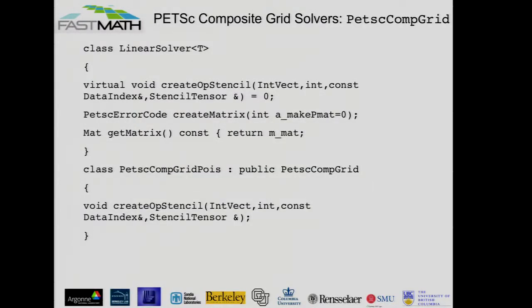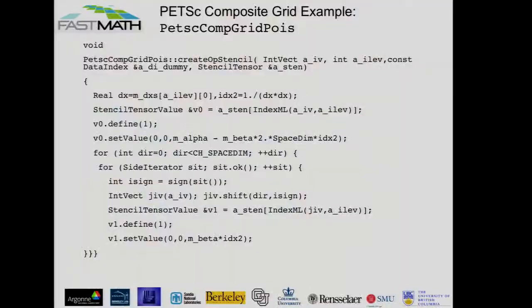That's the interface that the new class provides, and from there you can create your own PETSc solver. You give it an operator, and the base class provides infrastructure for the translations required to take this AMR hierarchy.